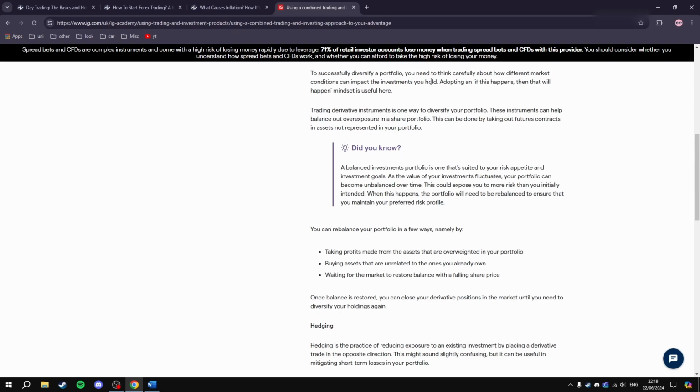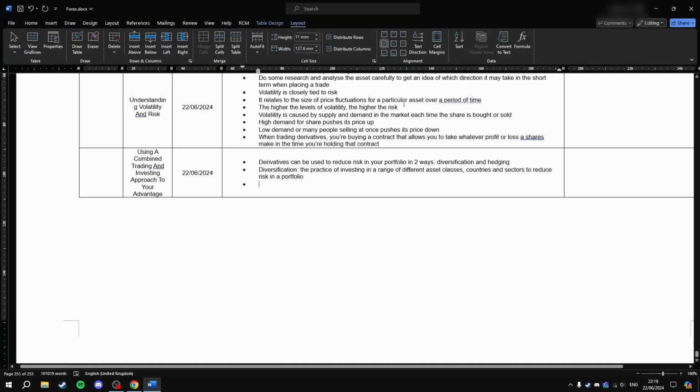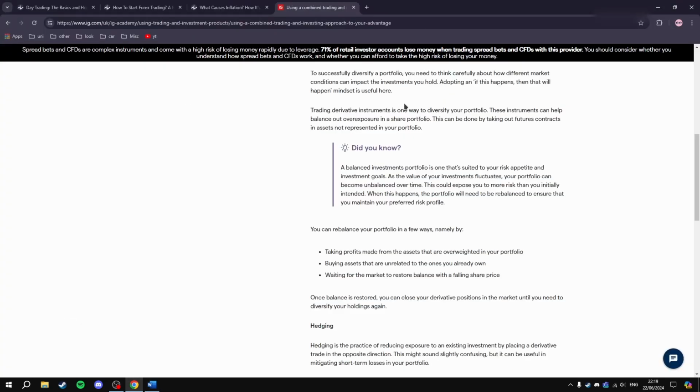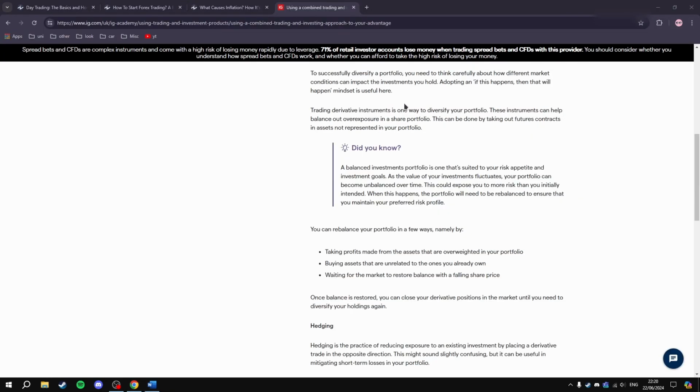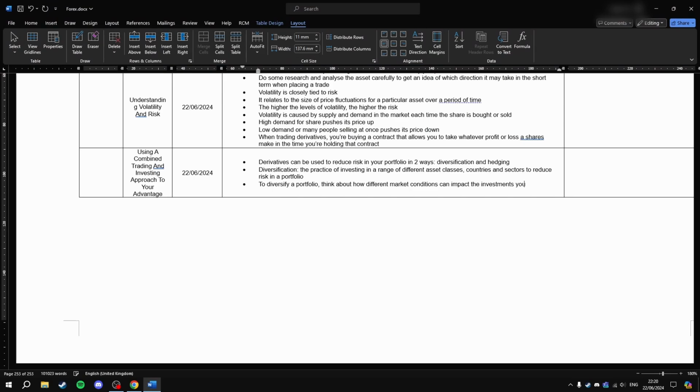Adopting an "if this happens, then what will happen" mindset is useful here. So to diversify a portfolio, think about how different market conditions can impact the investments you hold.